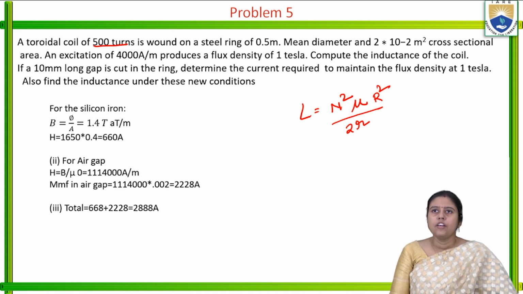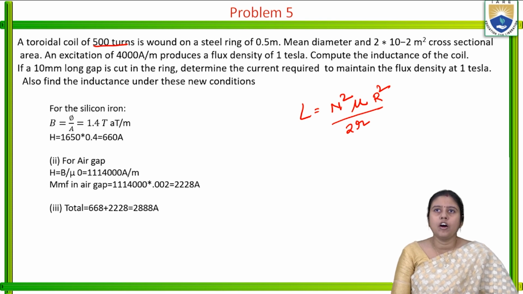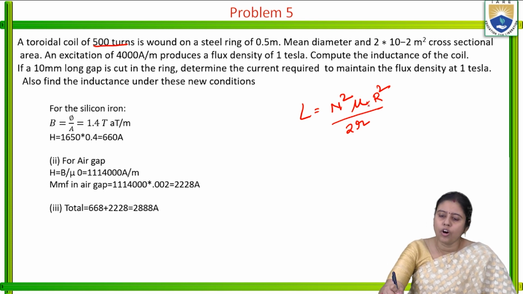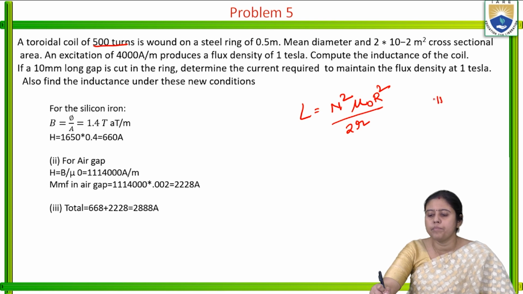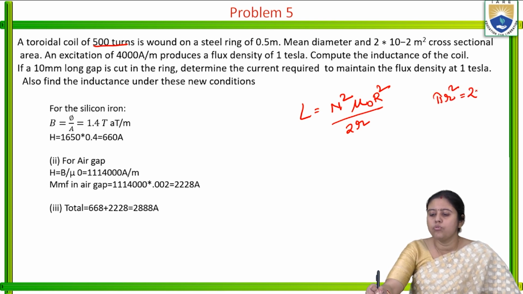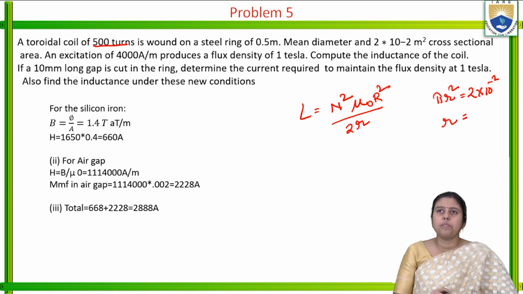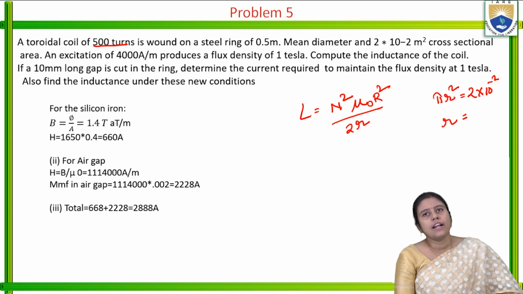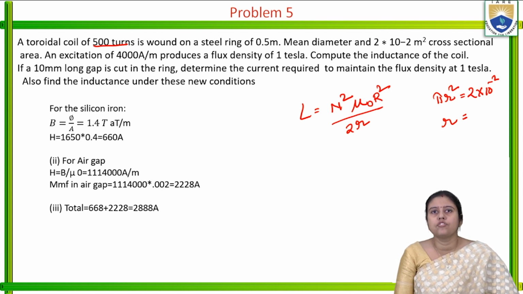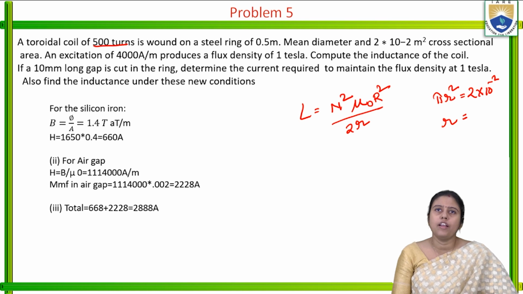The steel ring of 0.5 meter is the capital R, mu we will take as mu naught, and the cross-sectional area means pi r square is equal to 2 into 10 to the power minus 2. After solving, we will get the value of r. Remember one thing: if the outer radius and inner radius are not mentioned in the problem, then the outer radius will always be the bigger one and the inner radius will be the smaller one. So from there we can calculate the value of R.